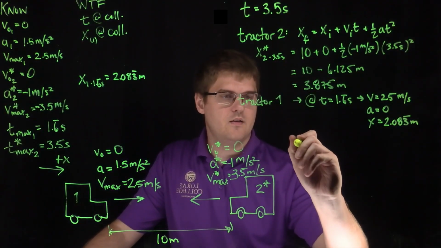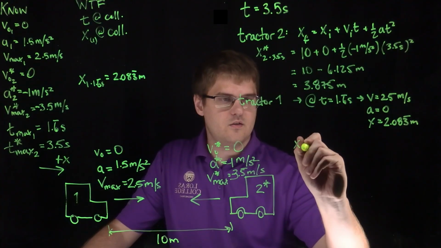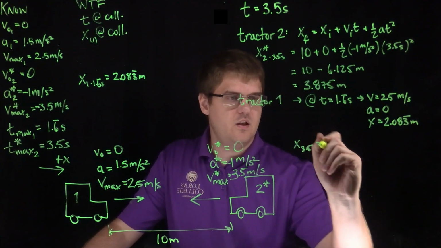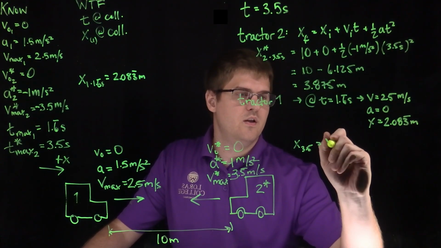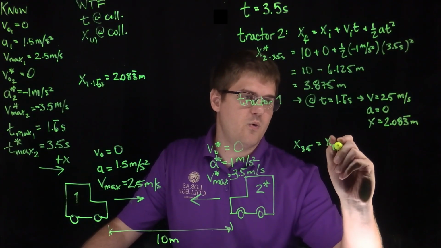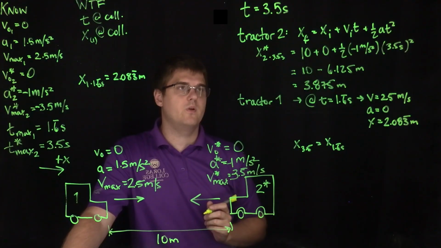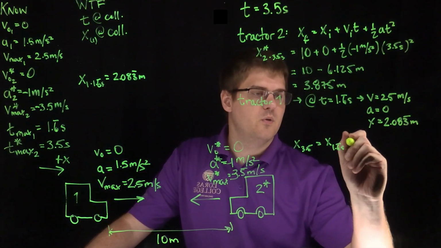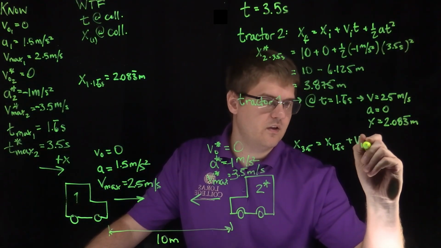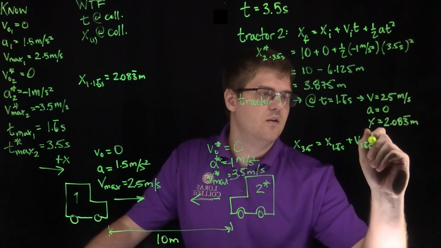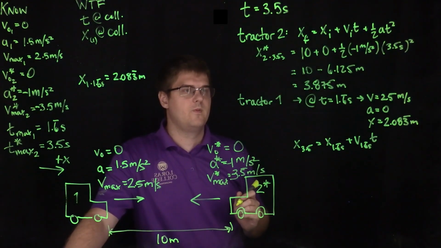So we're going to do the same thing, but we're going to write x at 3.5 seconds is going to be equal to x at 1.6 repeated seconds. So instead of starting at time 0, I'm starting at 1.6 repeated, plus velocity at 1.6 repeated seconds times time.